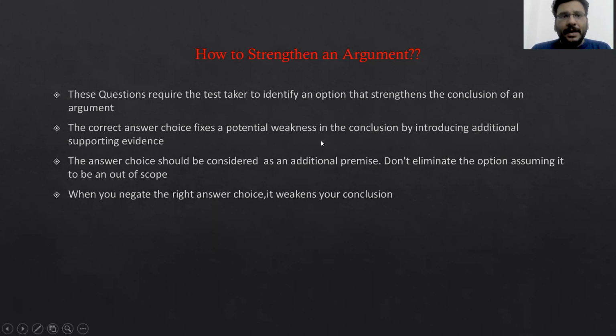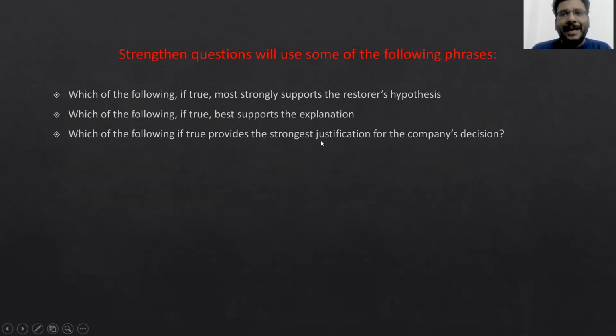Now, let's see how GMAT tests you on a strengthener question, or let's see how a question is worded. These are some of the ways GMAT can come up with a strengthener question. The first sentence, as you can see: which of the following, if true, most strongly supports the restorer's hypothesis?